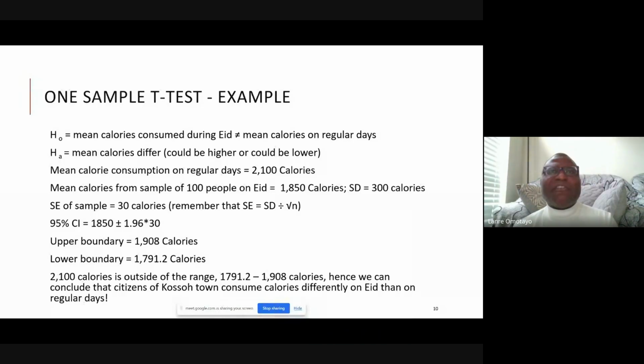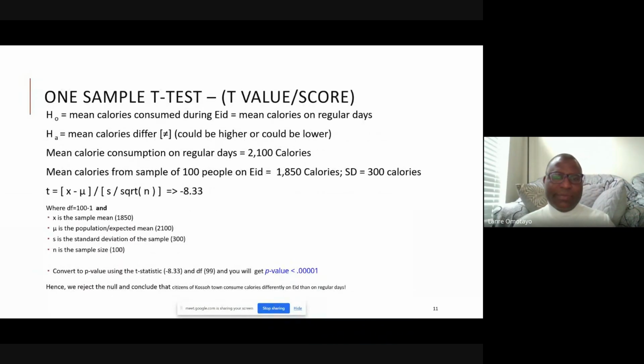Since we have decided that we are fine with 95% confidence, we don't need to have 100% confidence. And then we estimate the upper boundary of the intake on each day and the lower boundary of the intake on each day, right?